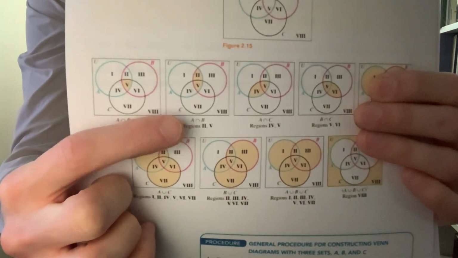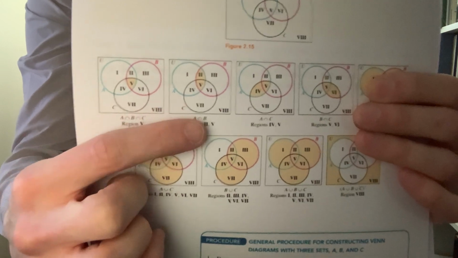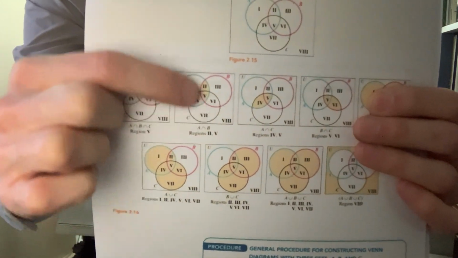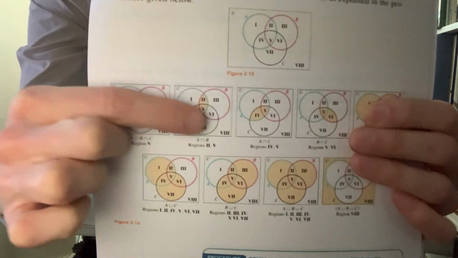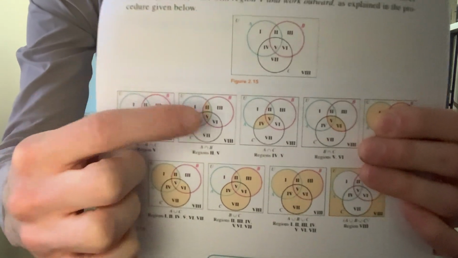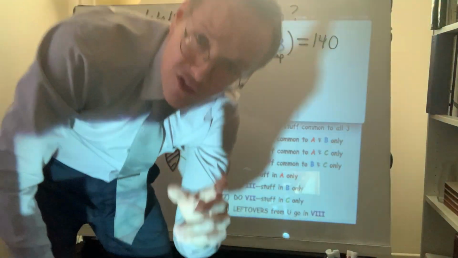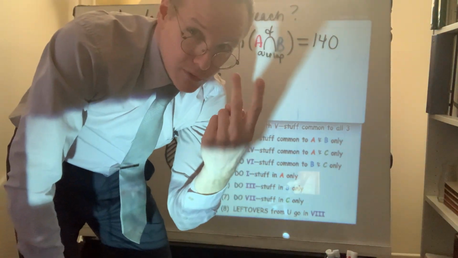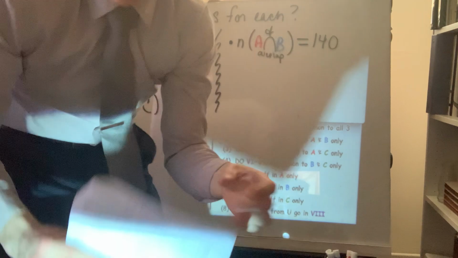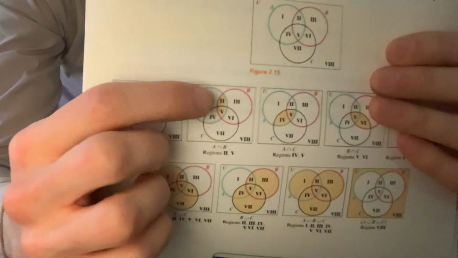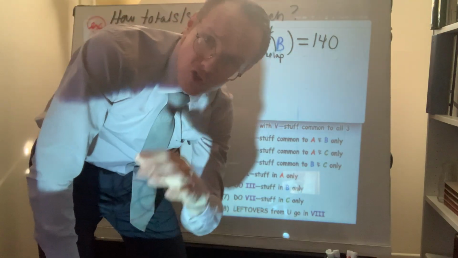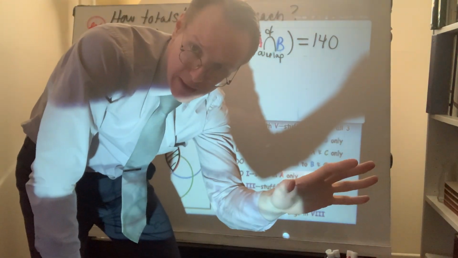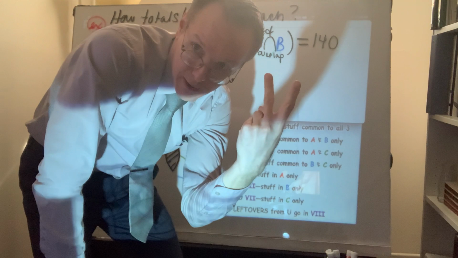Here is the intersection of A and B. And again, it is this sort of biscuit Jesus fish, for lack of a better phrase, that you see here. But notice what it is. In the case of a three-Venn diagram, it's represented by two different Roman numerals. It's Roman numeral 2 and 5 simultaneously. If it were just a 2 set and not a third set, then it would just be represented by number 2.